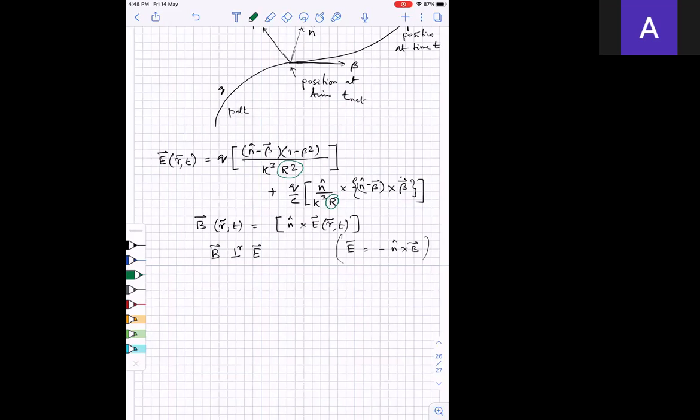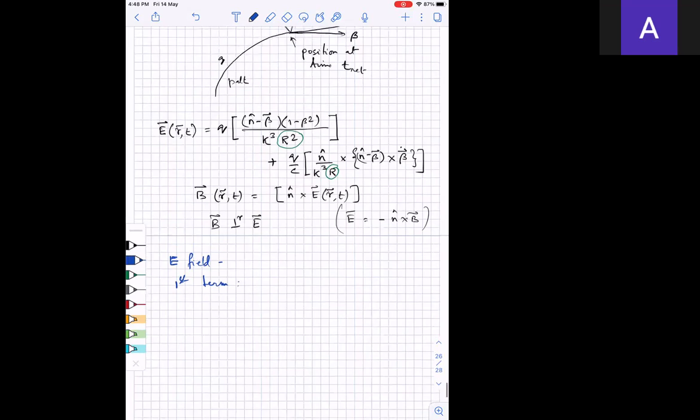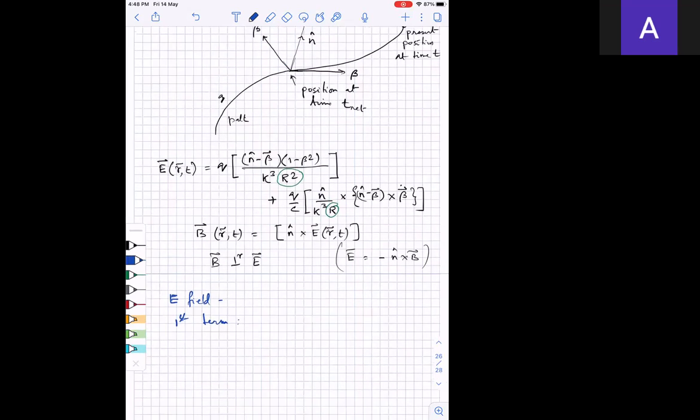If you look at the E field now, the first term is basically the velocity field, the velocity induced term. Over here there is a velocity; there's no acceleration.